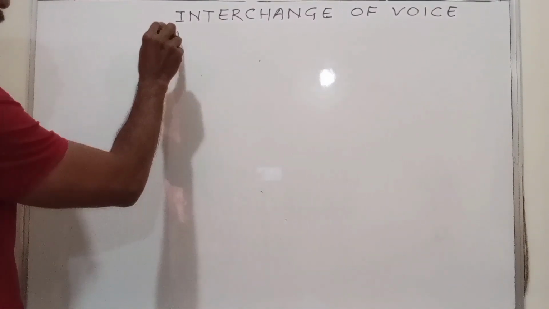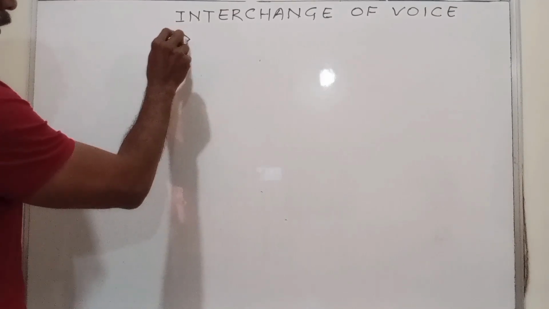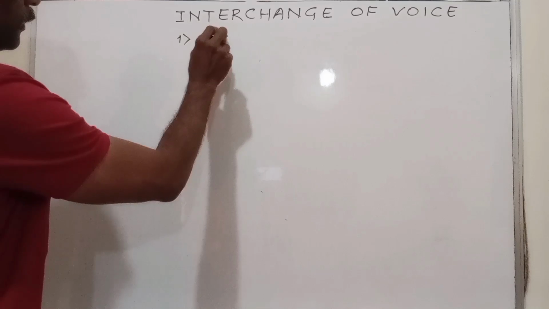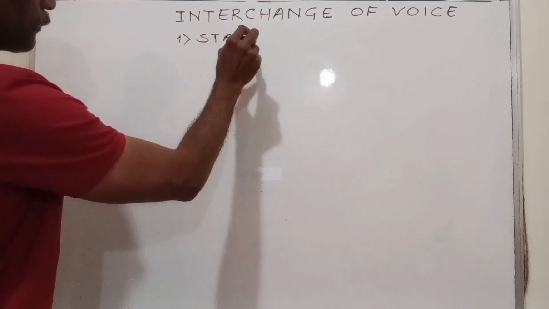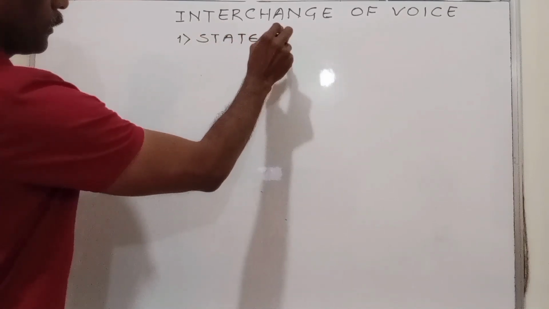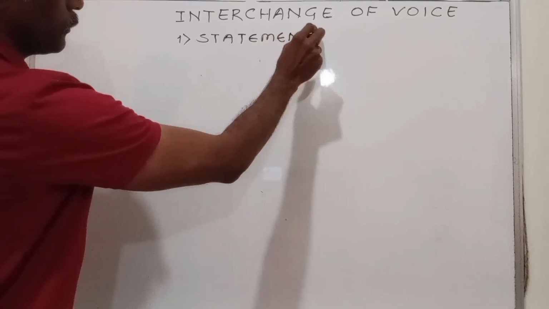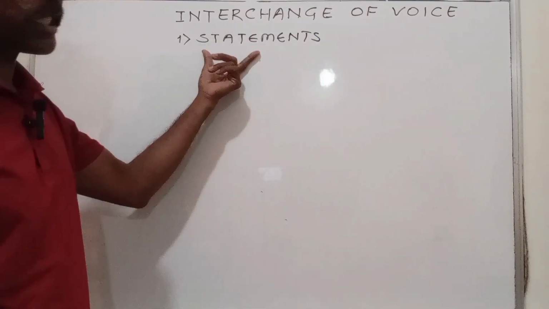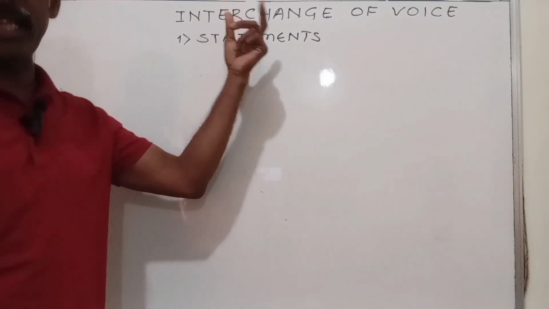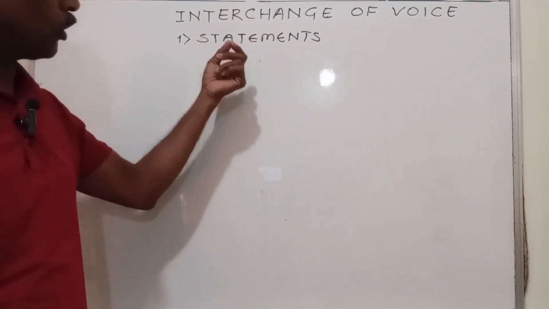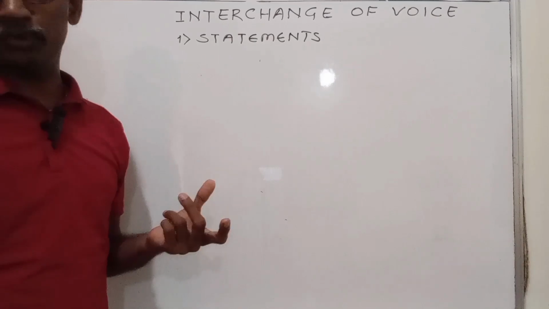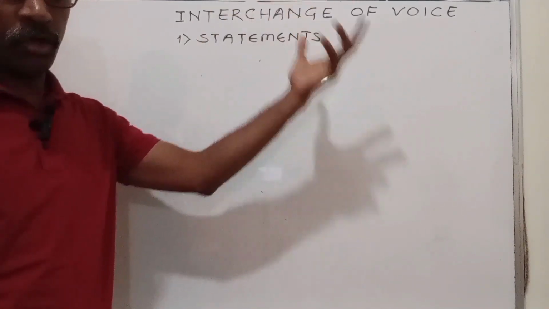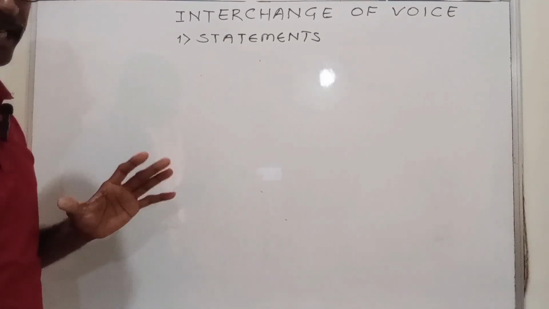Now, the first type of sentence is statements. Statements means interchange of voice of statements, or declarative sentences, or assertive sentences.